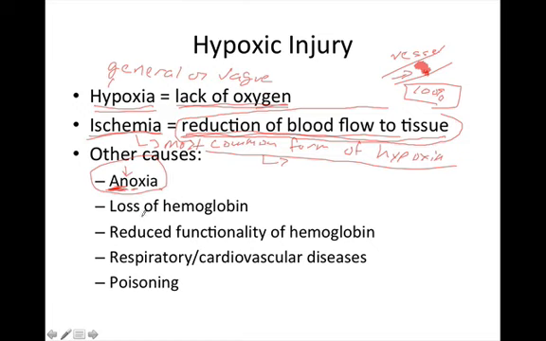Now, other causes of hypoxia could be a loss of hemoglobin, and anemia comes to mind whenever I think of this example. Remember, anemia is kind of a general class of red blood cell disorders that have various causes. If we think of iron deficiency anemia, that's due to a lack of iron. There's pernicious anemia. There's the hemolytic anemias like your sickle cell.